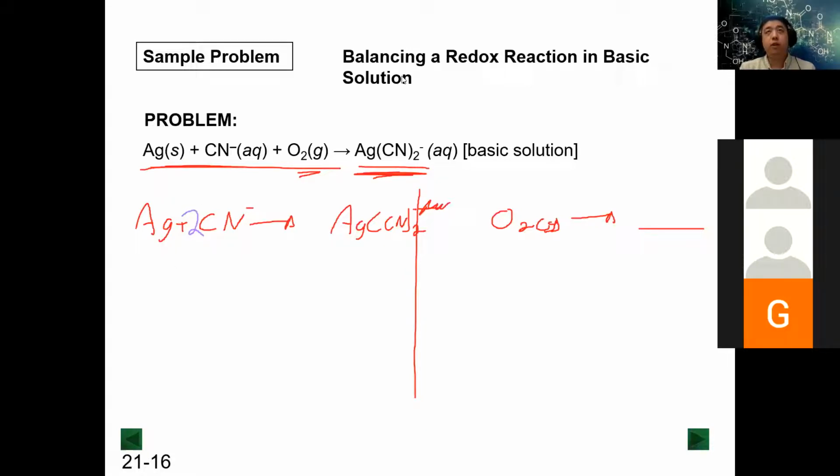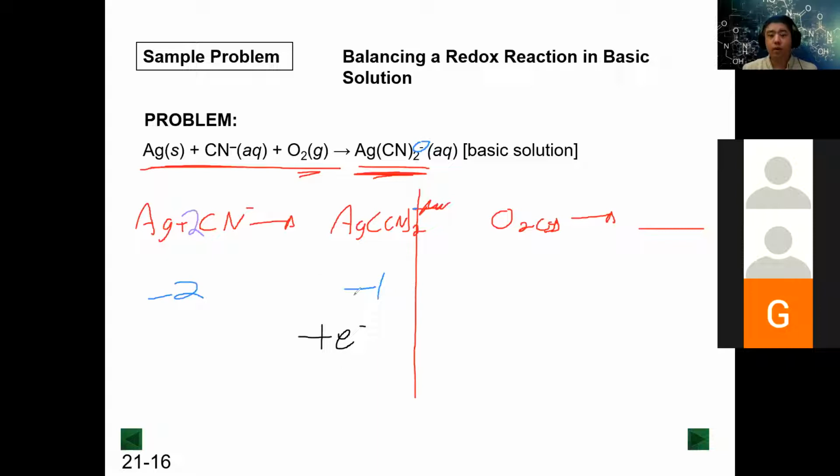On the left side, what is my overall charge? -2. What's on the right side? What's my overall charge? Not 0. There was a negative here. So it is a -1. Okay. Where do I add the electron and how many? I add the electron to this side.